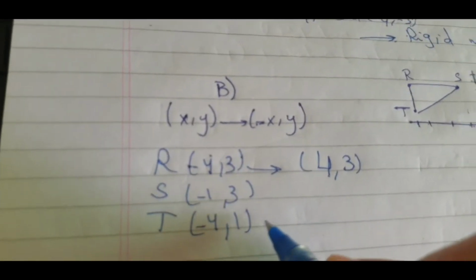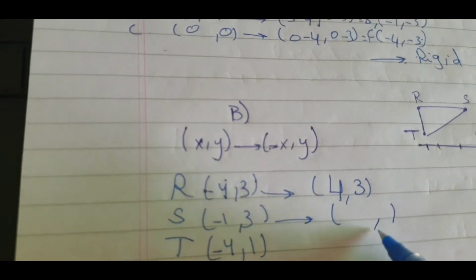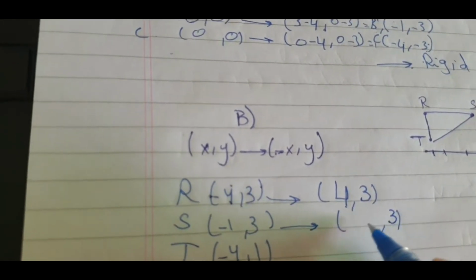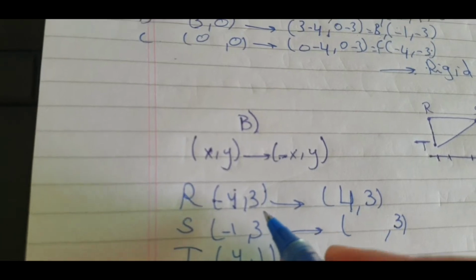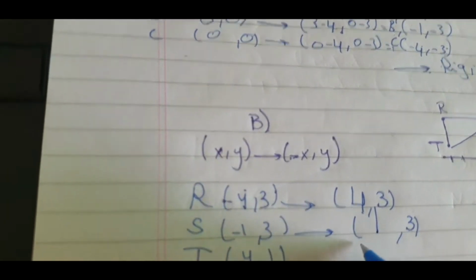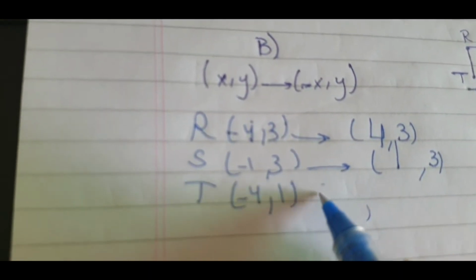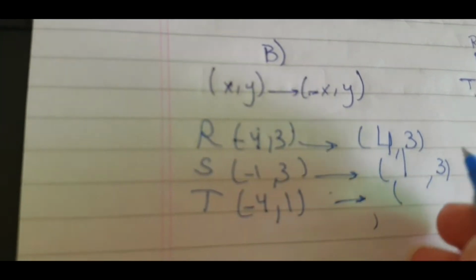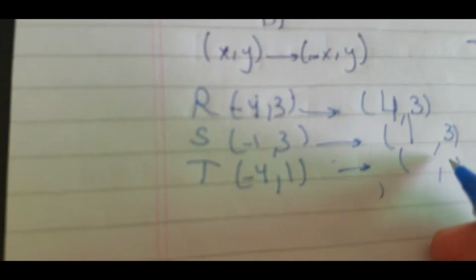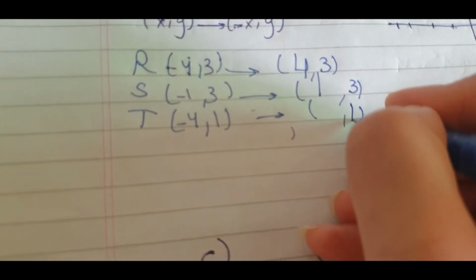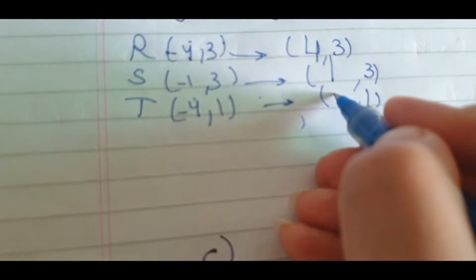What about S? 3 as it is again. What about -1? So it will become a 1. And then 1 will remain 1 as it is, and -4 it will become a 4.